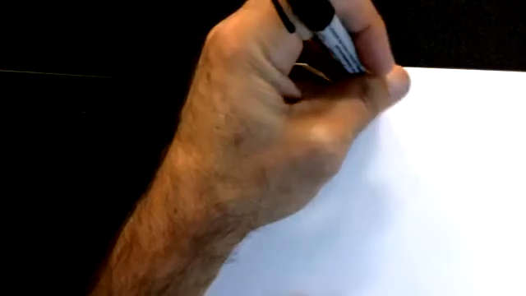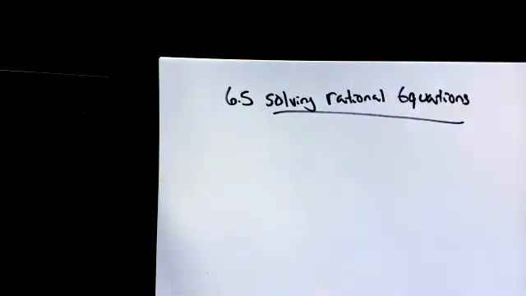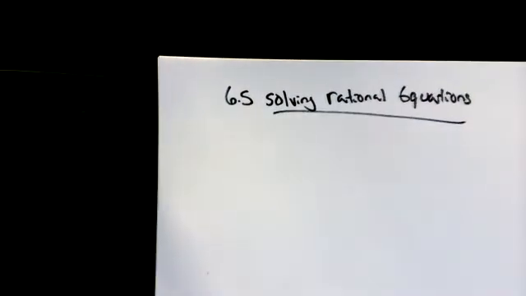All right, moving on, 6.5 is solving rational equations. So this is the one section where we actually do some solving, and we're going to end up with pretty little answers.